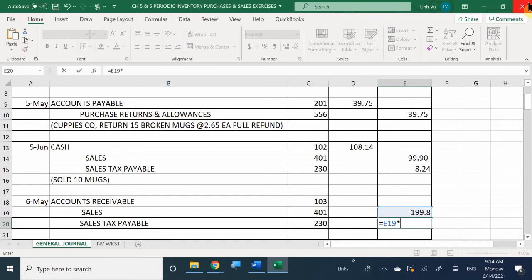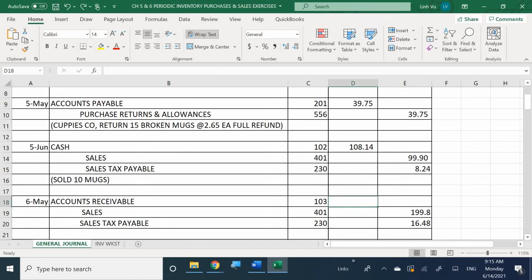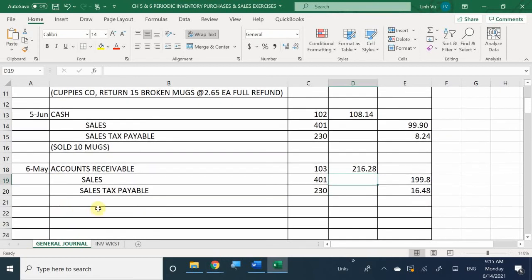Actually, I could probably just calculate it real quick. 16.4835. Okay, it stays as an 8. So then what's the grand total? How much does customer A owe me? 216.28. Good.